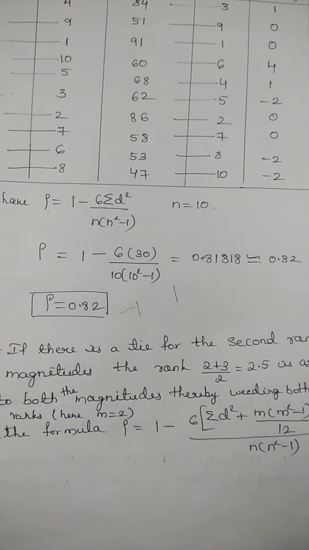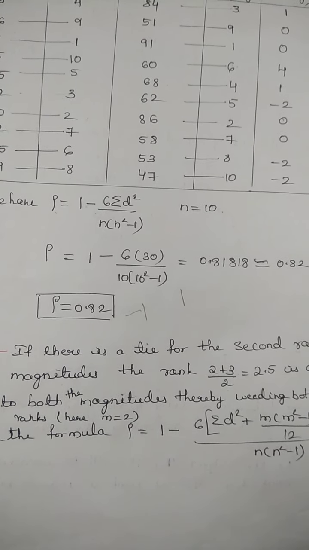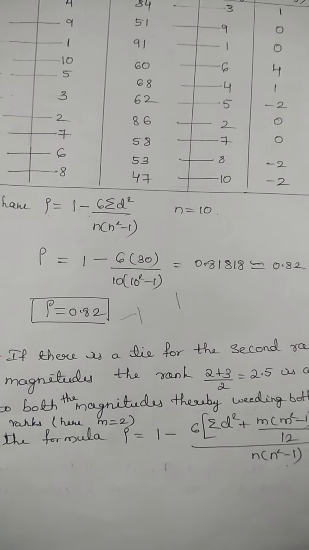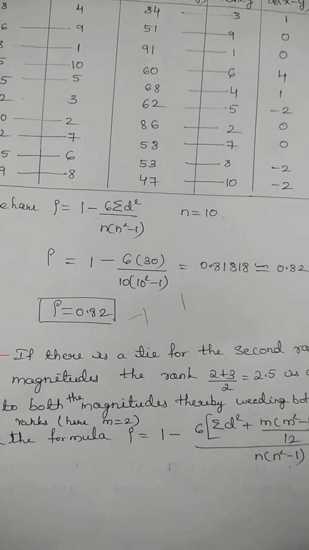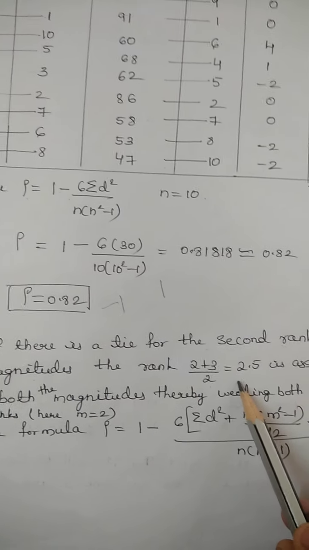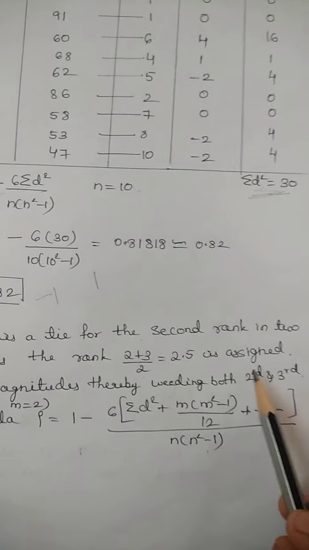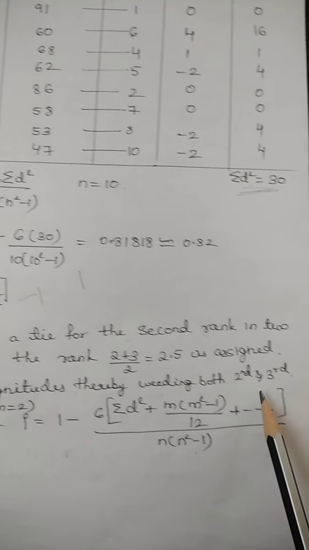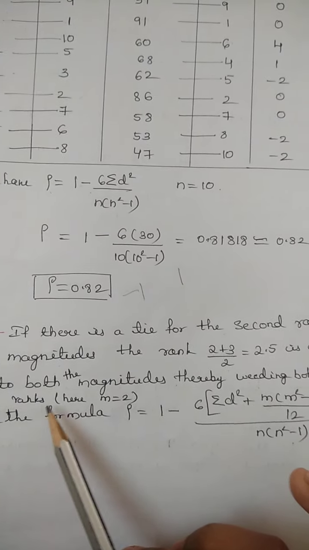When the magnitudes are repeated, there will be a tie for a particular rank. In such cases we assign an average rank like this: 2 plus 3 upon 2 is equal to 2.5, assigned to both magnitudes, thereby sharing both second and third rank.